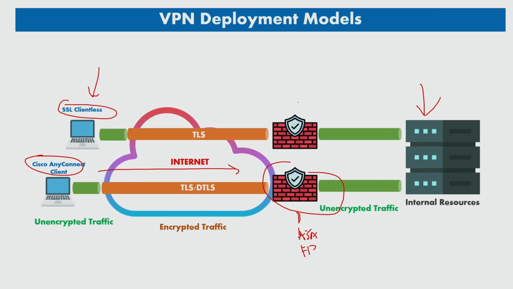Currently, only Cisco ASA appliances support the clientless SSL VPN. The Cisco Firepower Next-Gen Firewall only supports remote access SSL VPN via the Cisco AnyConnect Secure Mobility client.